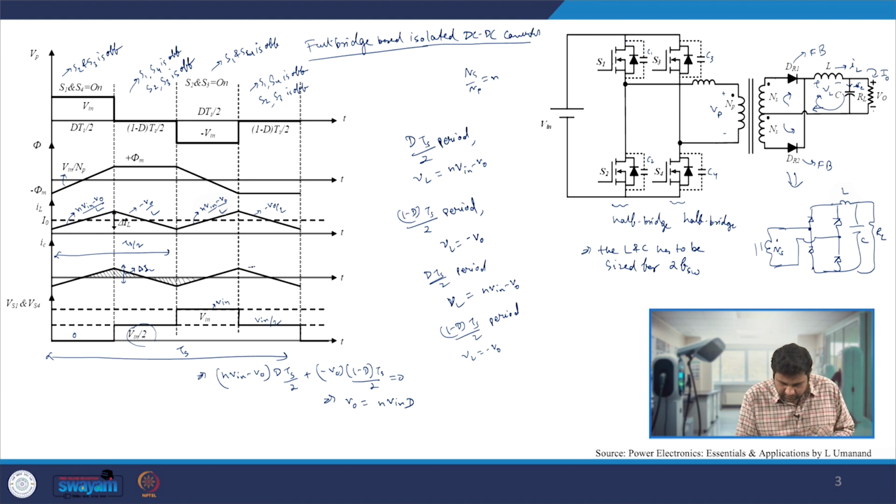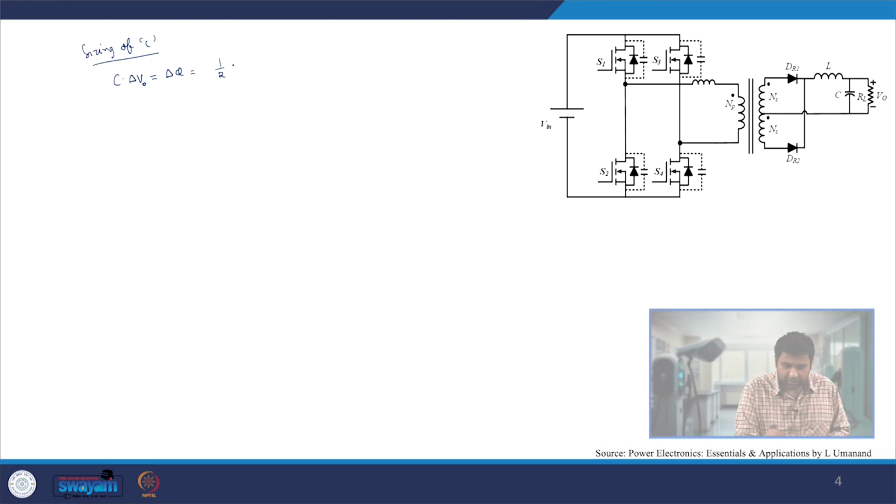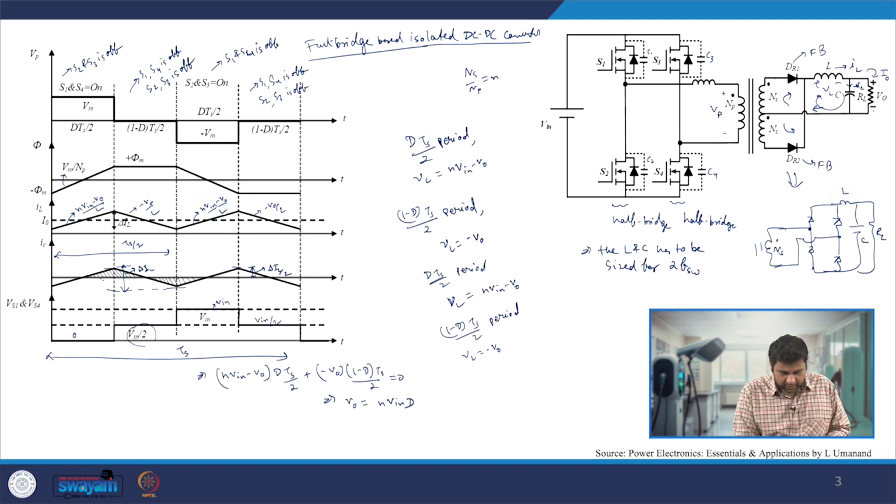Going from this to this is delta IL by 2, and delta IL is from this point to this point. So delta IL by 2 is in one direction. So it is half, delta IL by 2, into this period.